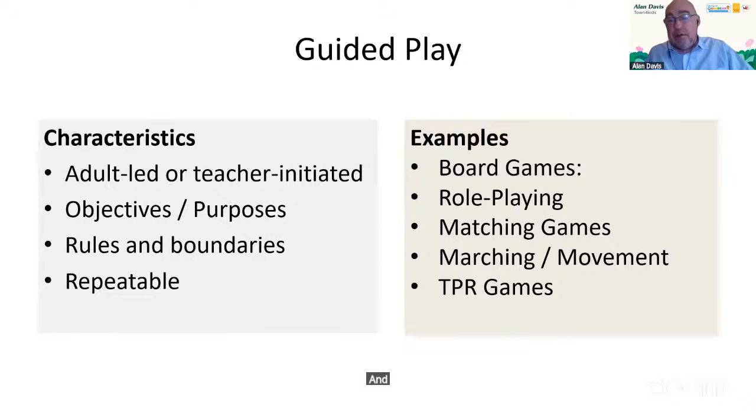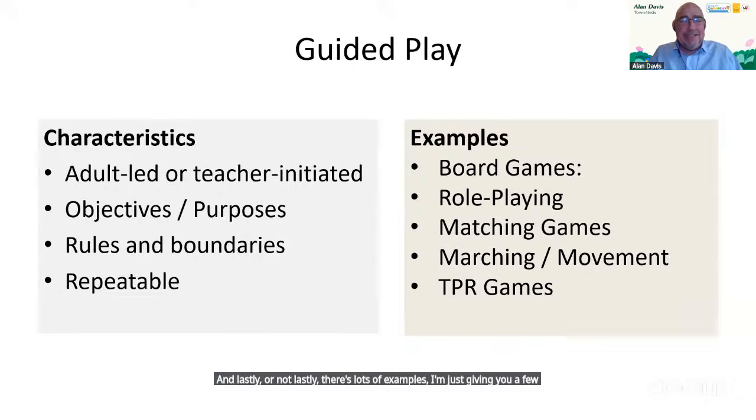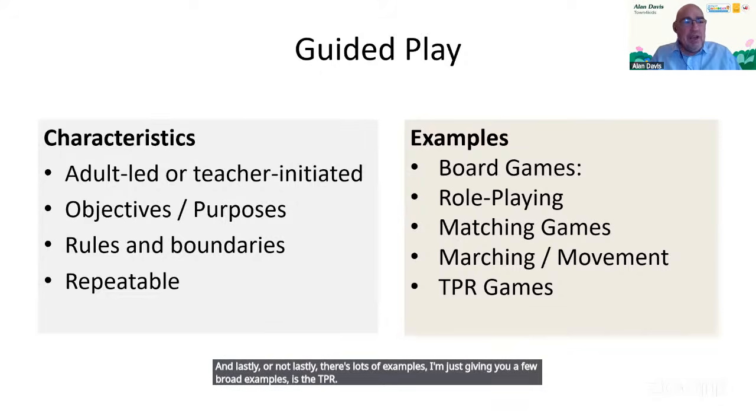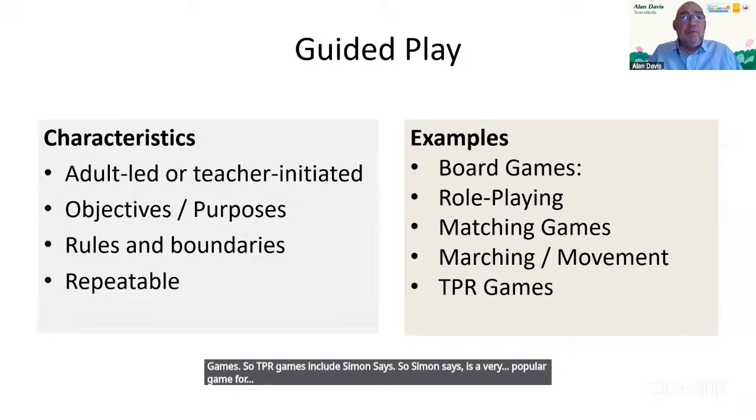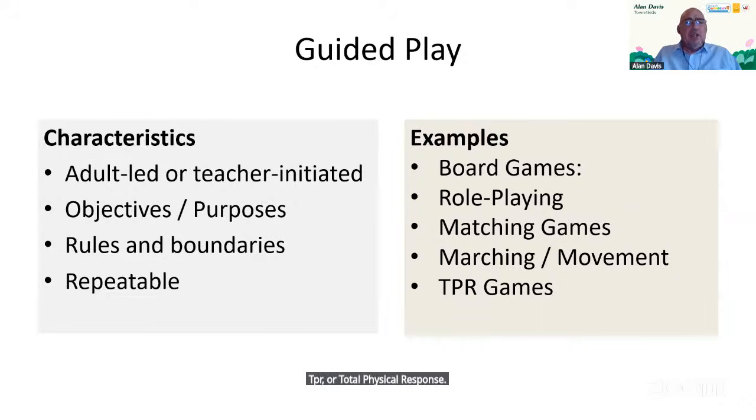And lastly, or not lastly, there's lots of examples. I'm just giving you a few broad examples. There are the TPR games. So TPR games include Simon Says. Simon Says is a very popular game for TPR, or total physical response. So within total physical response, like Simon Says, we're not covering all of the bases, right?